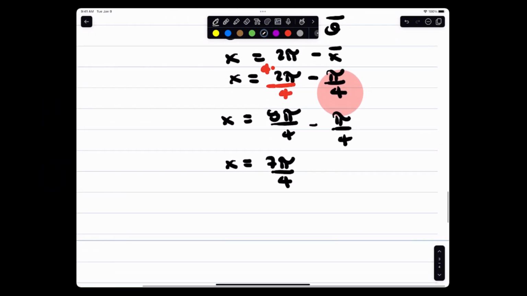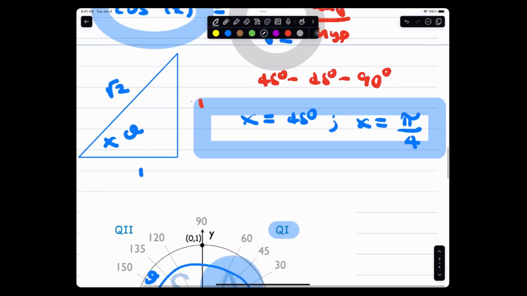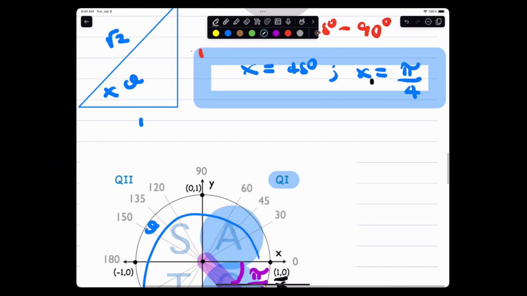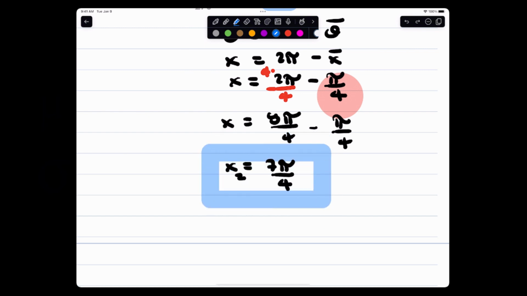So I'm going to put this here and summarize this here. This is known as the first solution, pi over 4. This is known as the second solution. They put a little subscript, that's x sub 2. So there's two solutions here from 0 to 2 pi.